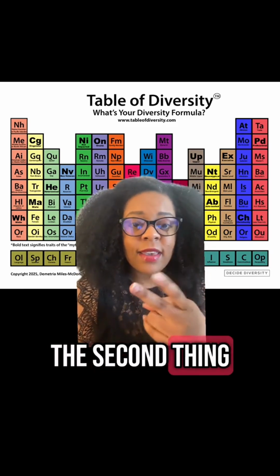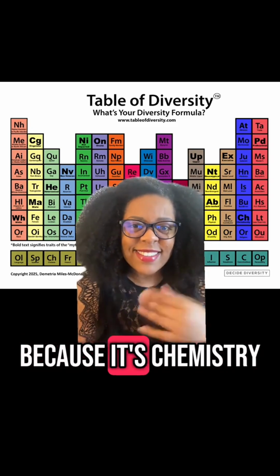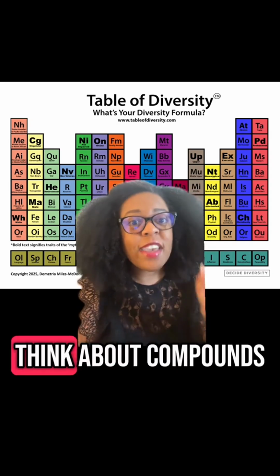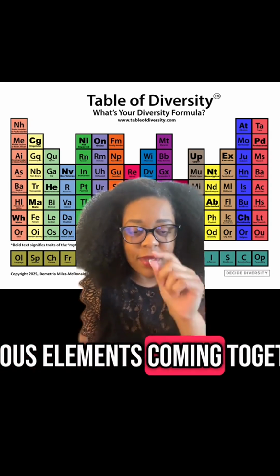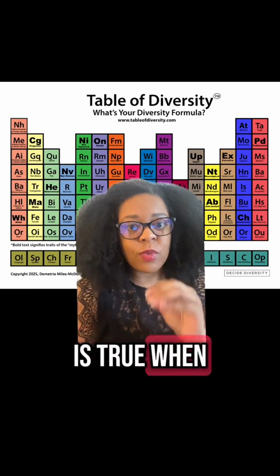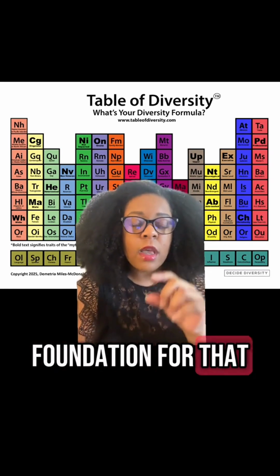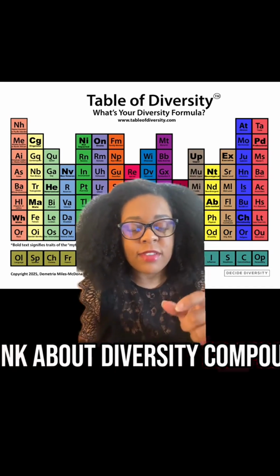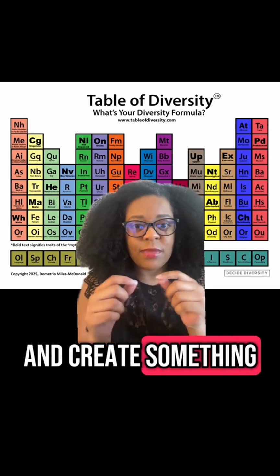The second thing is intersectionality, and I like to call them diversity compounds because it's chemistry, duh. But when we think about compounds in chemistry, we think about all of these various elements coming together and creating something brand new. And the same is true when we think about the Table of Diversity. Intersectionality is the foundation for that. But when we think about diversity compounds, it's not just those marginalized identities that come together and create something new.